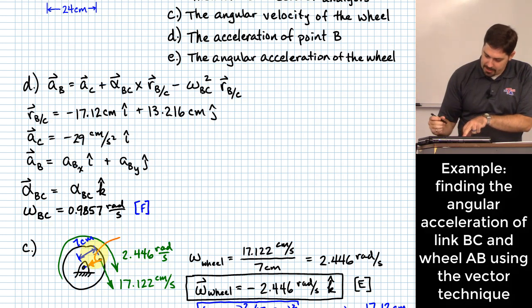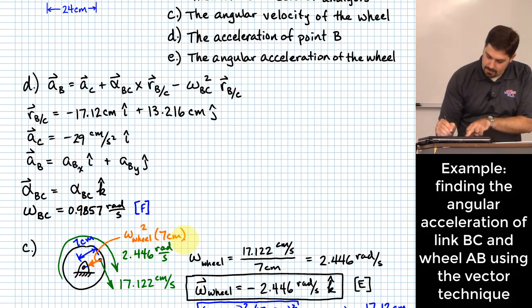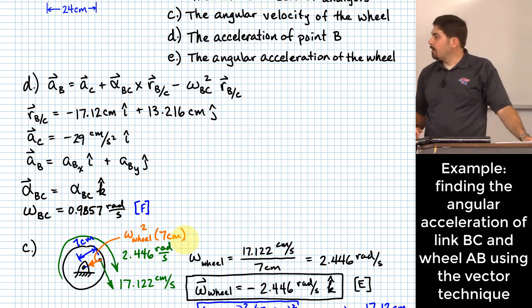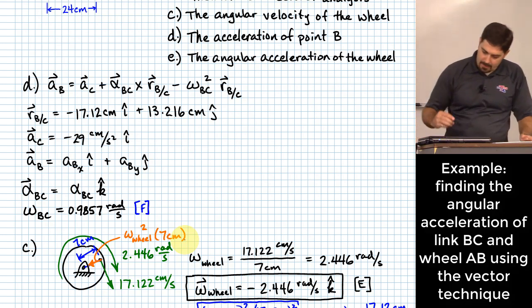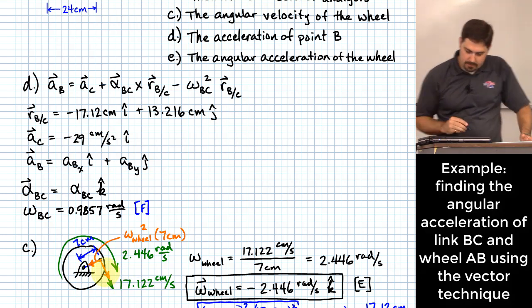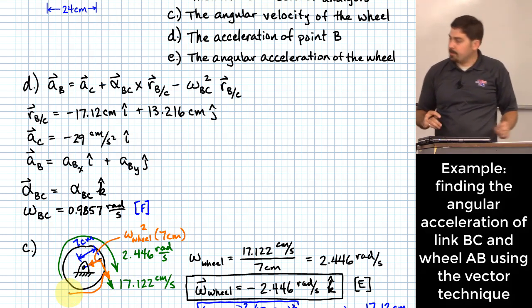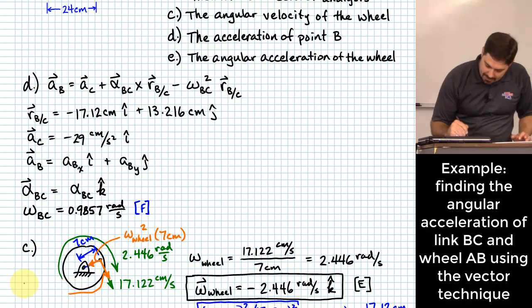Okay, that centripetal acceleration is just going to be equal to omega wheel squared times r, which is 7 centimeters. All right. I will also have a tangential component of acceleration. That tangential component of acceleration is going to be alpha of the wheel.